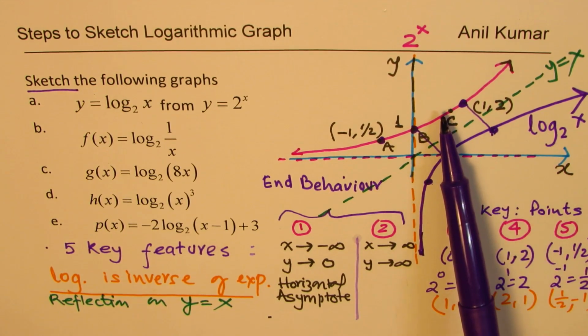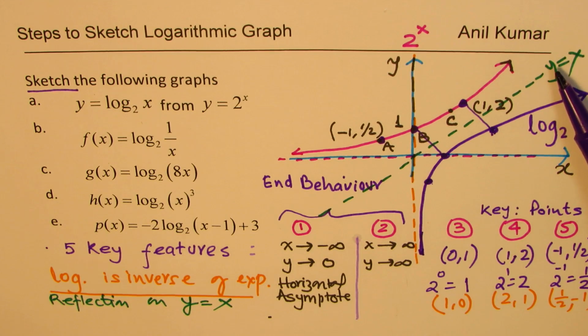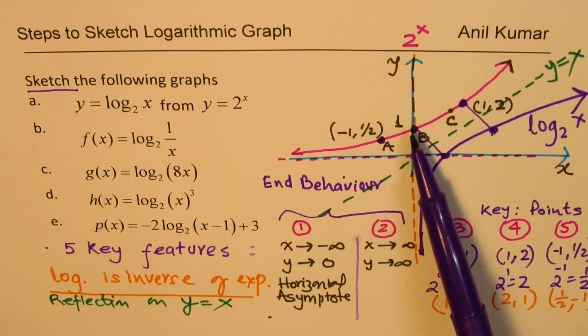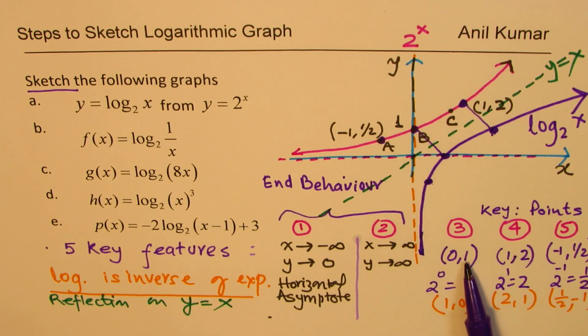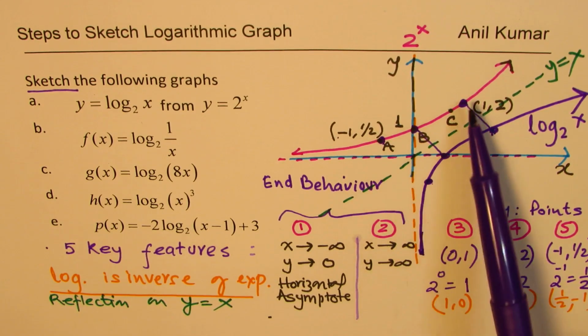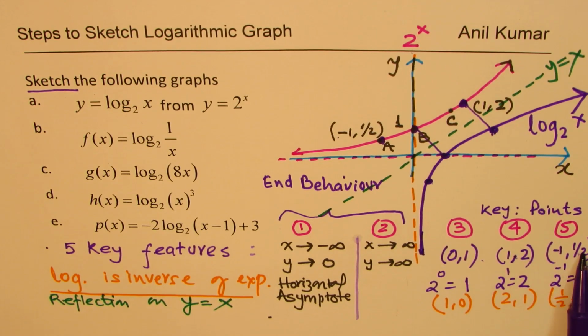Logarithms are inverse of exponential functions, so they are reflected on the line y equals x. The key points here are 0, 1. At 0, the exponential function will always result in 1. At minus 1, you get the reciprocal, and at 1, you get the same as the base. So those are the three critical points.